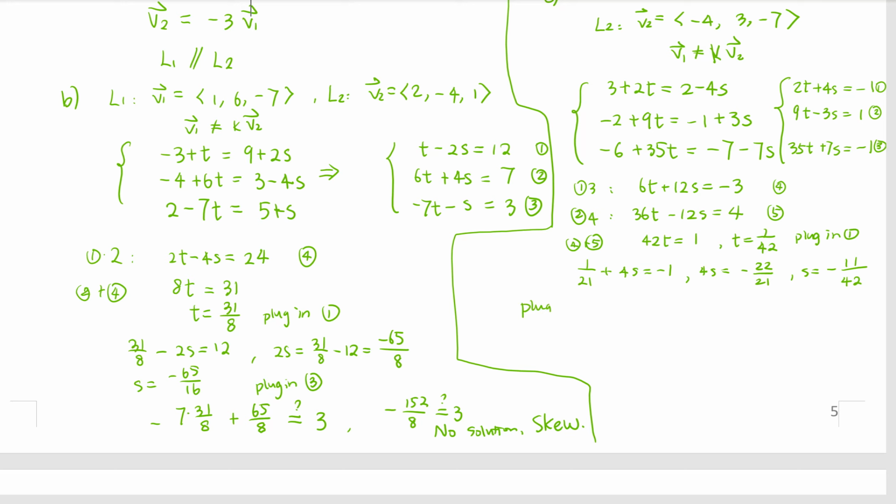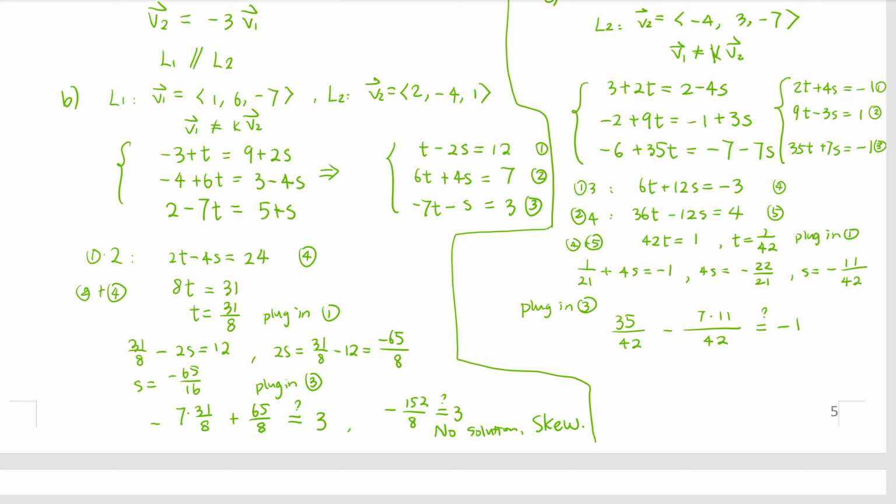So we still have equation 3. Now that we have solved s and t, let's plug into equation 3 to see whether it holds. So 35t is 35 over 42, plus 7 times negative 11 over 42. Is that equal to minus 1?